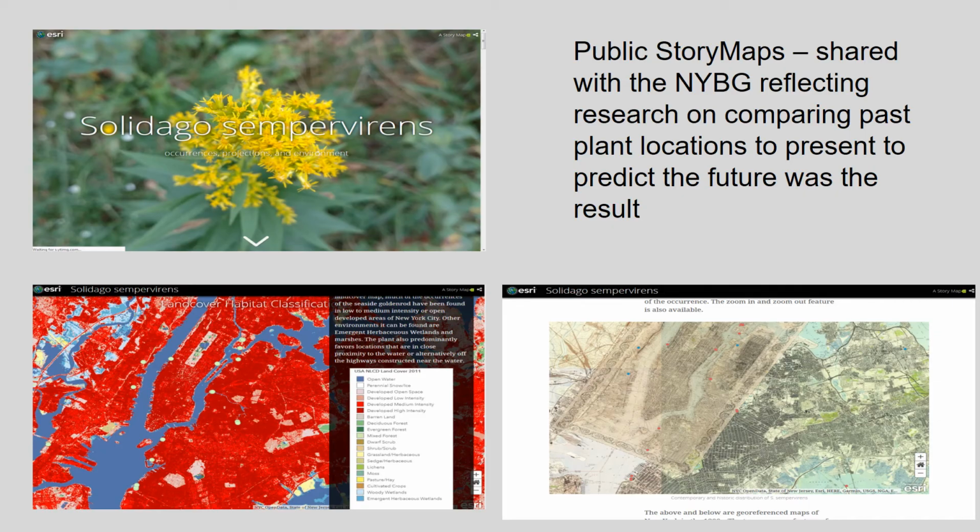They told us which species we should look at. Our students were divided into pairs, and we chose to use Esri's story maps as the vehicle for showing our data. So the students made their maps in ArcGIS, and then they put them together into story maps, which is a wonderful narrative way to share data.